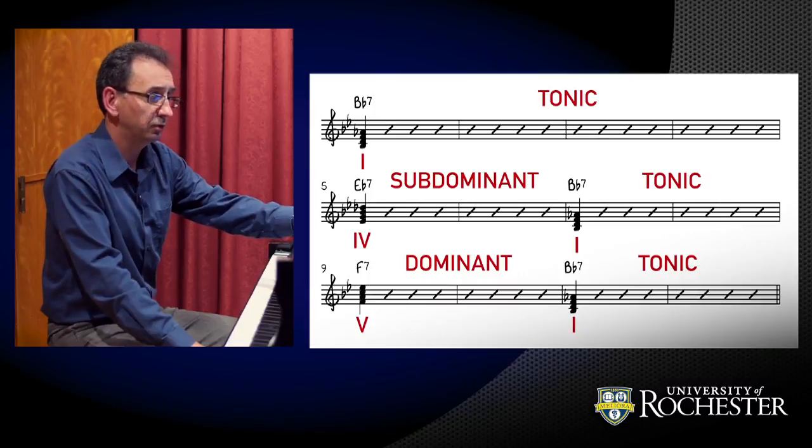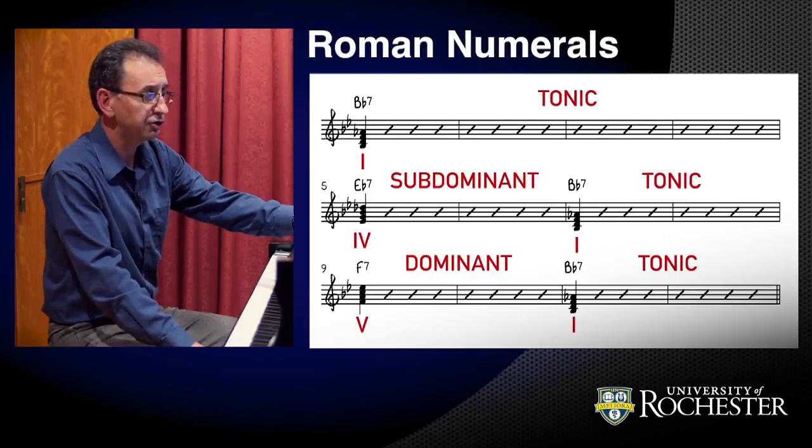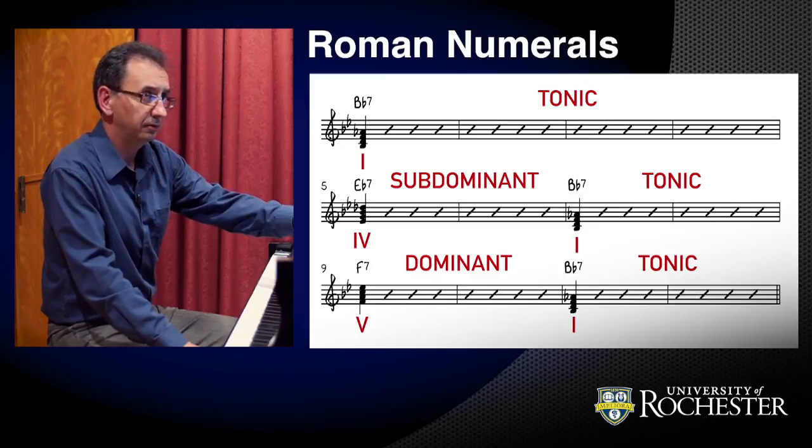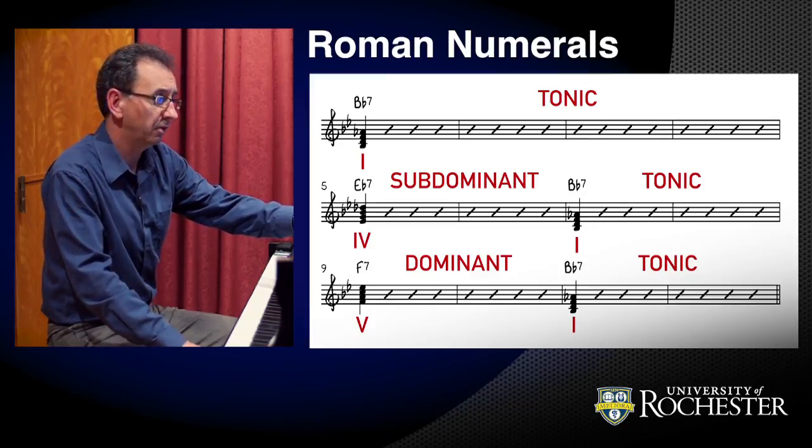Okay. There is a way of notating these functions and the location of these chords using a neutral chord notation known as Roman numerals. So on the screen, you can see that each of these chords can be expressed with uppercase Roman numerals.